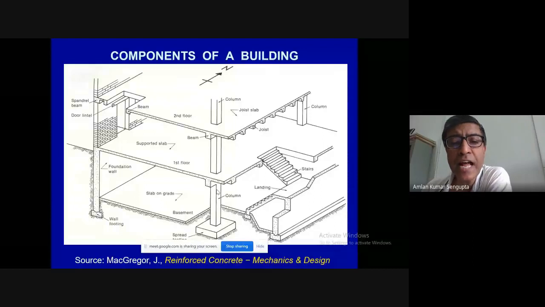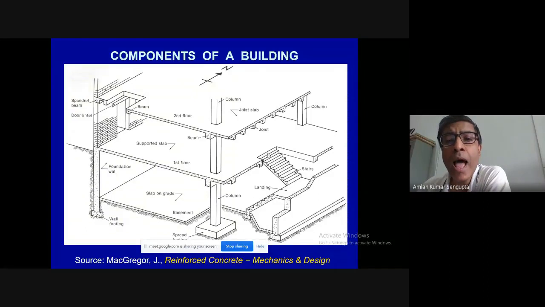The foundation transfers the load to the soil, and the geotechnical engineering course gives the idea about how to analyze the soil for carrying the load. Apart from these main members, we can also have other members like stairs. The stairs we do not cover in this course. It is covered in the second course.